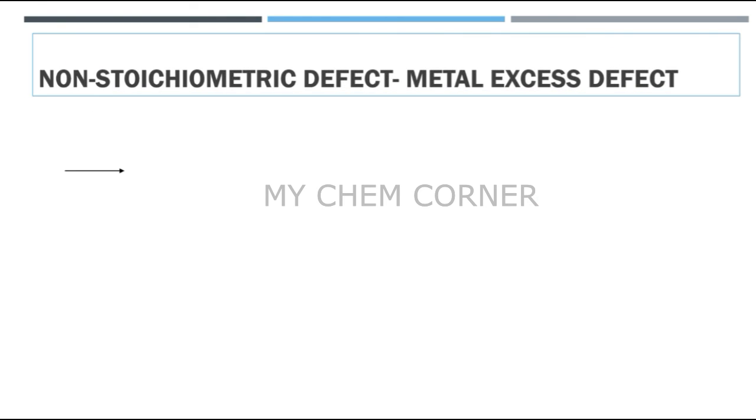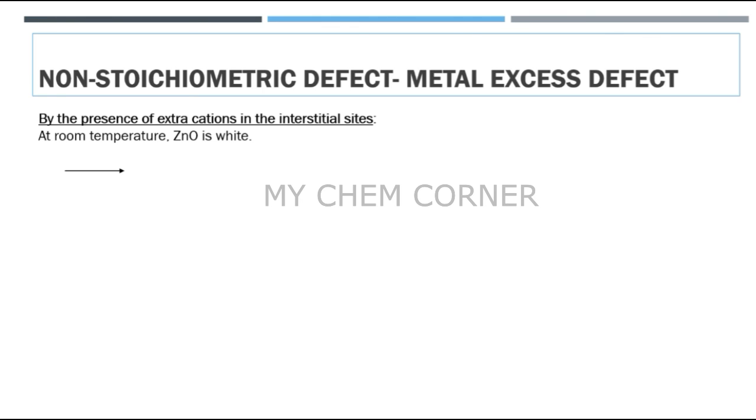Now the next one is the same one, metal excess defect by the presence of an extra cation in the interstitial site. So here when we look at zinc oxide at room temperature, what is the color? It's white, right? But when you heat it, what will happen? It is going to lose an oxygen atom. So when I heat zinc oxide, it's going to have zinc 2+ with the release of electron, and oxygen is formed.